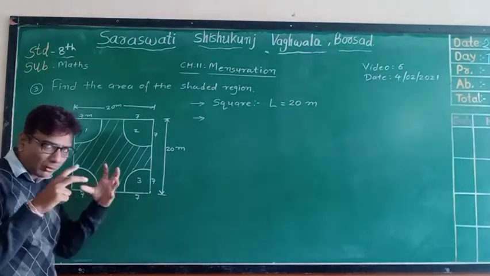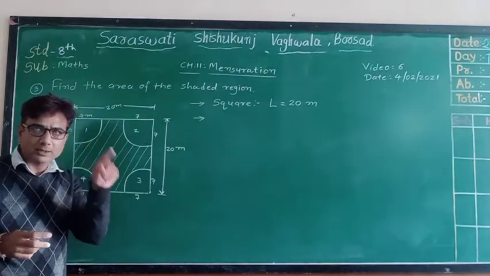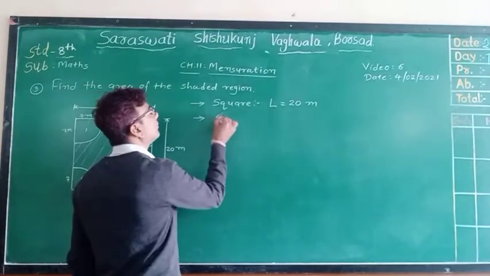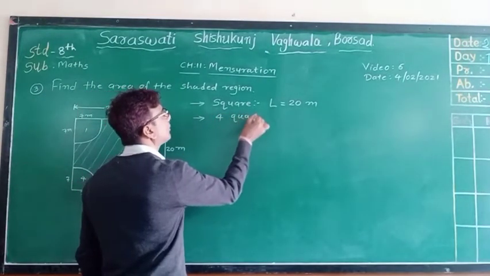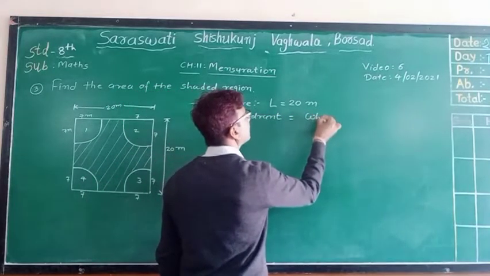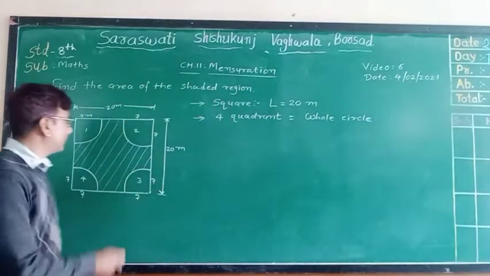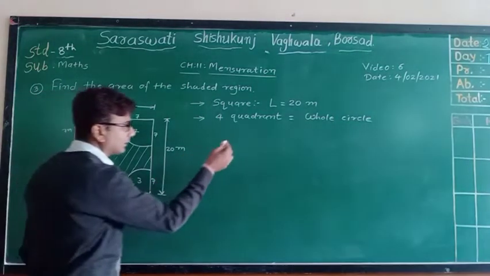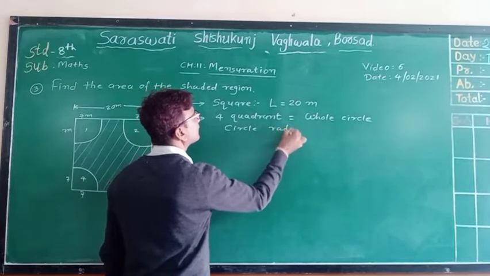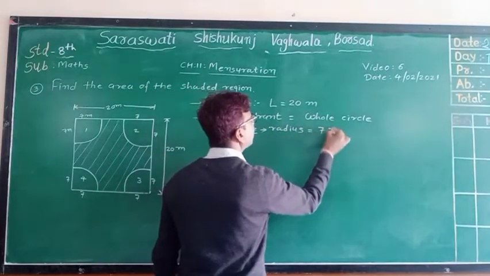If I join all these four parts to each other, then it will become a big whole circle. So I can write here: 4 quadrants equal to a whole circle. And this circle's radius is given as 7. So the circle radius is equal to 7 meter.